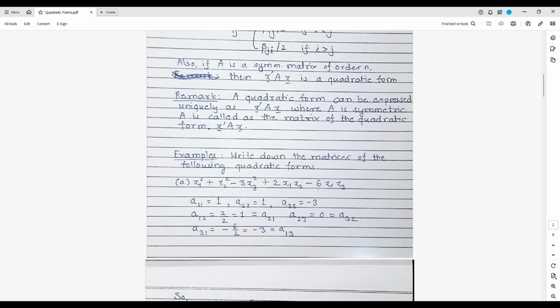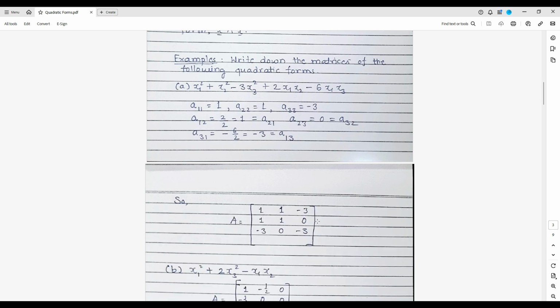Half of it is minus 3, so that will be equal to A13, which will be same as A31. Now, because there are no terms of the form x2 x3, A23 will be 0, which will be same as A32, and so the matrix A will be like this, where the first row will be 1, 1, minus 3, second row is 1, 1, 0, and third row is minus 3, 0, minus 3.